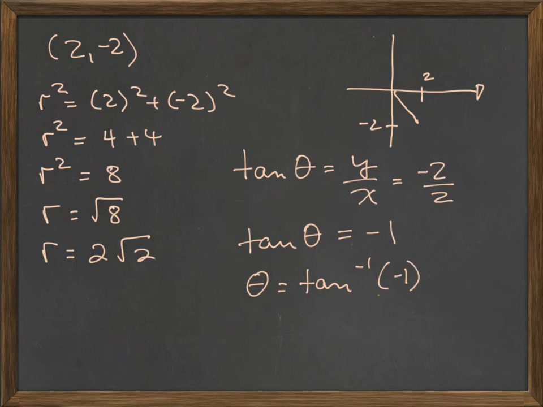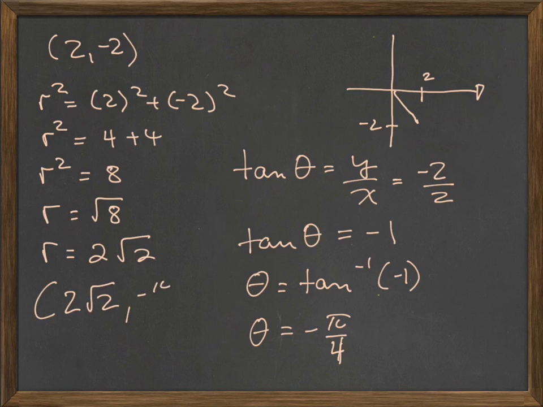If you use your calculator, or know it from when we talked about the inverse function, theta is equal to negative pi over 4, 45 degrees. So my polar coordinates are 2 square root of 2 and negative pi over 4.